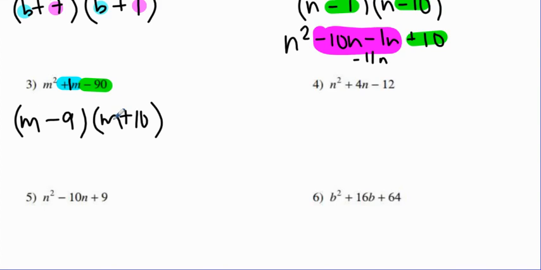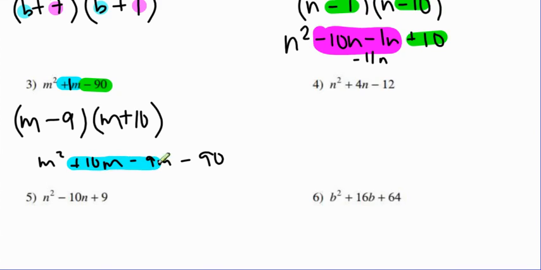So m times m is m squared. M times 10 is 10m, positive 10m. Negative 9 times m is a negative 9m. And a negative 9 times 10 gives me a negative 90. So if we see here, we have this positive 1m.